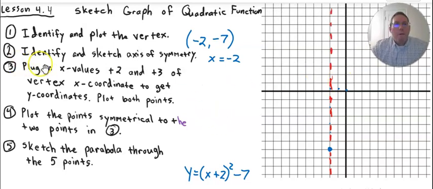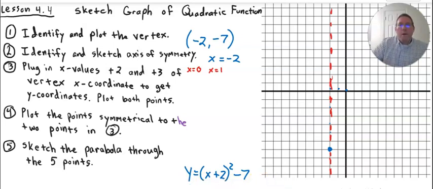All right, so now we're going to plug in x values, plus 2 from the x. Okay, well, what's -2 plus 2? That's 0. And then -2 plus 3, that's 1. So we're going to plug in x equals 0 and x equals 1 into our quadratic right here, okay? And so, let me see here, let's go ahead and switch over to this.